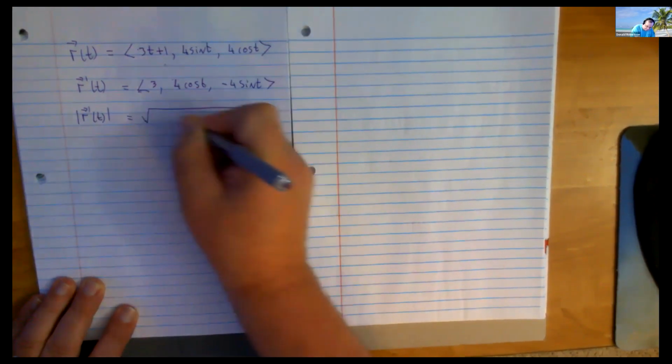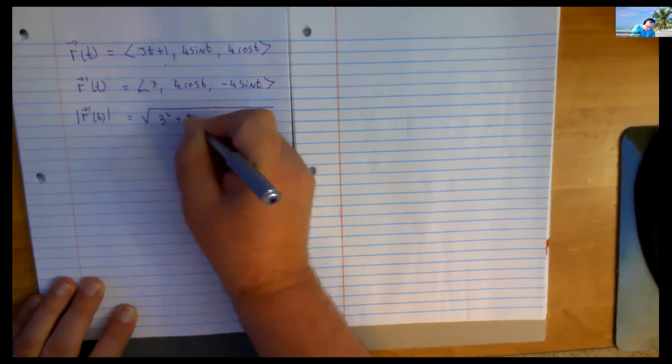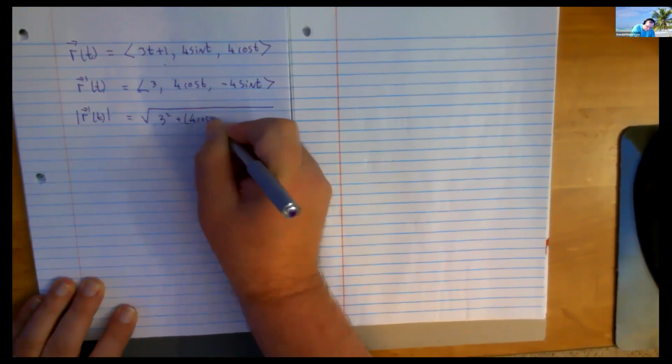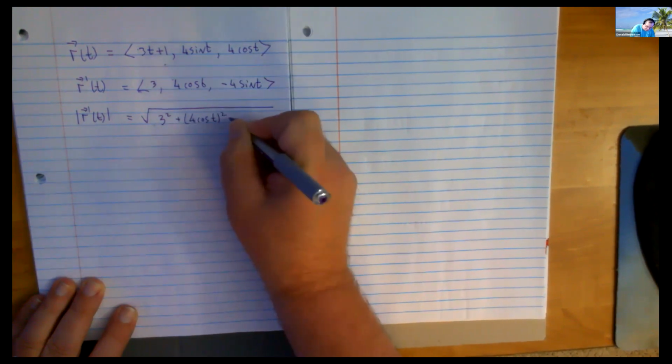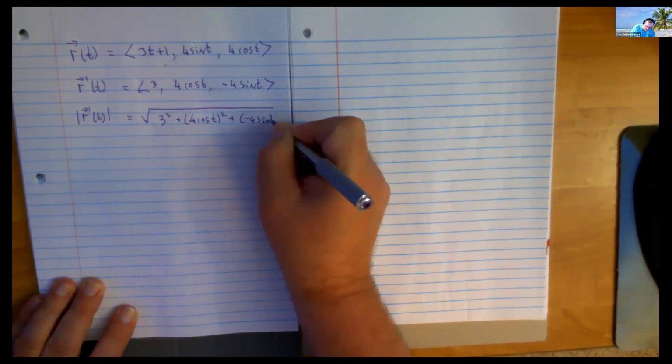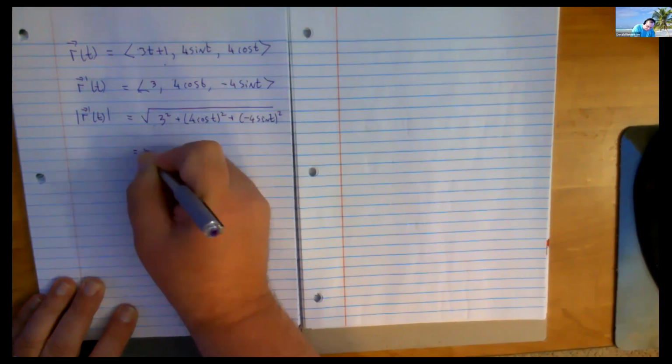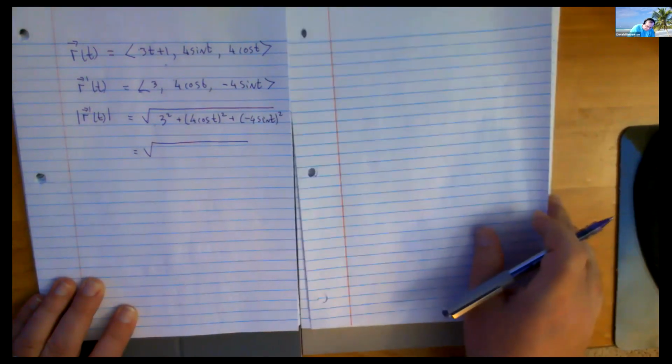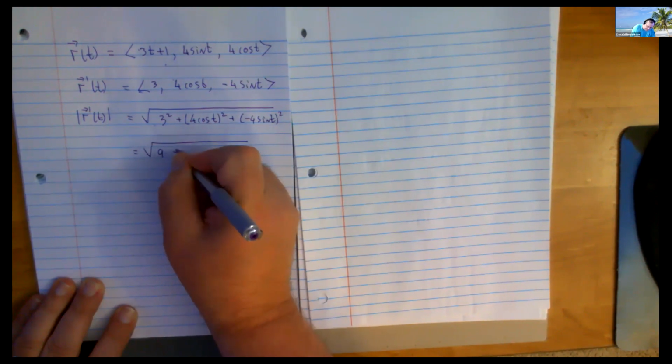Find the magnitude of the first derivative. 3 squared, 4 cos squared, negative 4 sine squared. Nine. Okay. Can I jump into plus 16, or do you want to see where plus 16 came from?